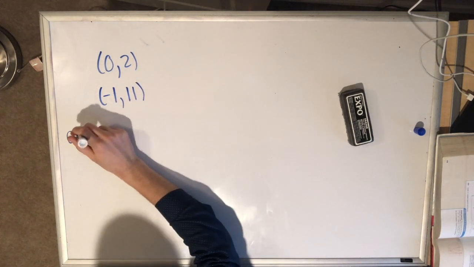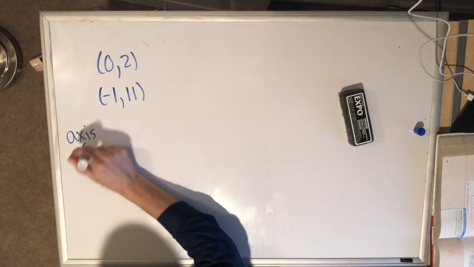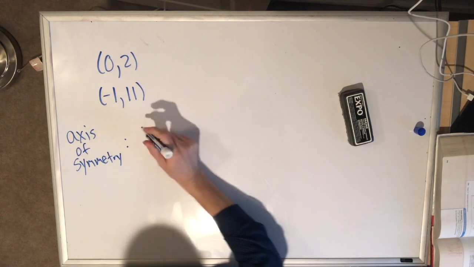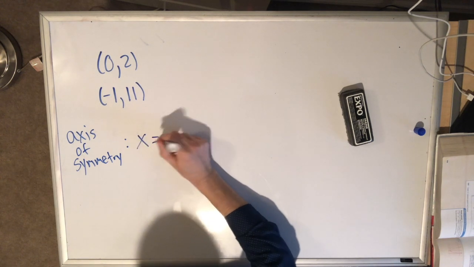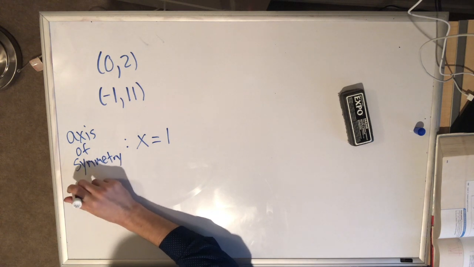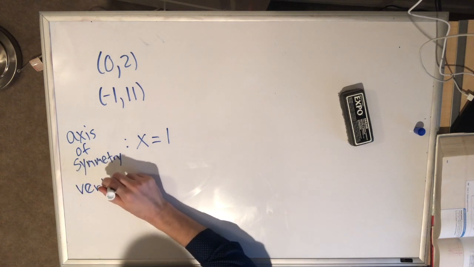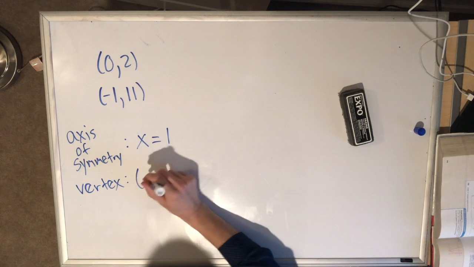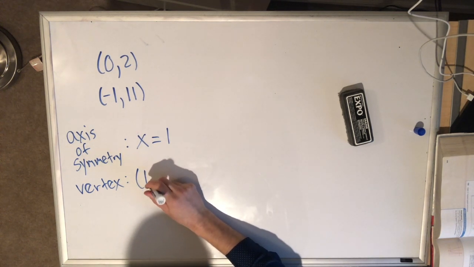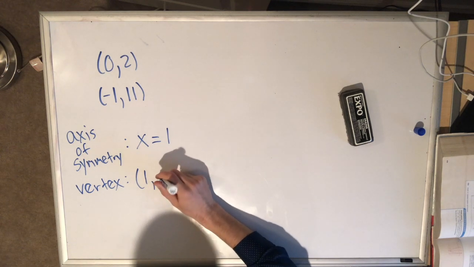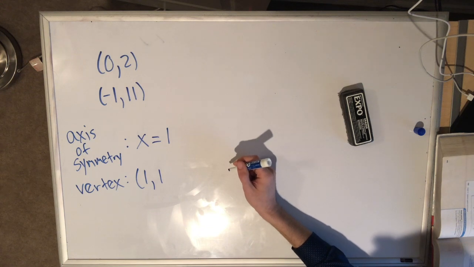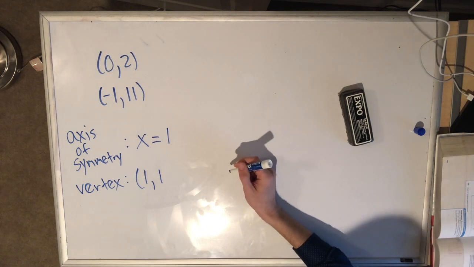We have the axis of symmetry, which is the vertical line x equals 1. And we have the vertex, the lowest point on the graph, which we found a little bit earlier is 1 comma 11, or 1 comma negative 1, I'm sorry.